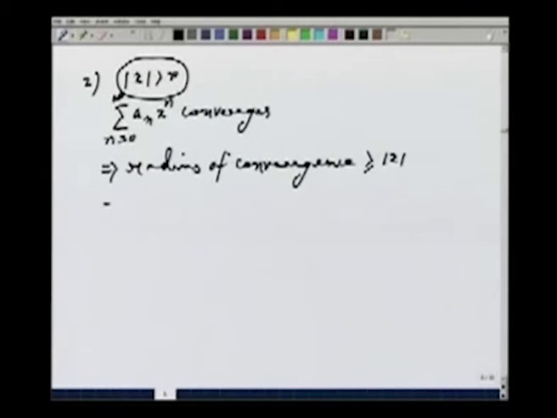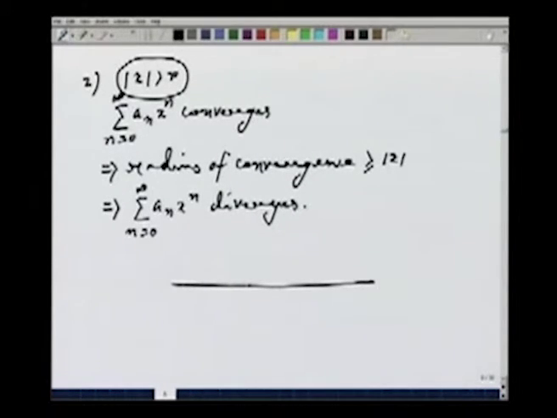This implies a n x to the power n then diverges. Okay, so a fairly clear picture is coming out. So I draw the real line. This is 0. Since r is the supremum of modulus of x's, it's non-negative. I cannot always say it's strictly positive.